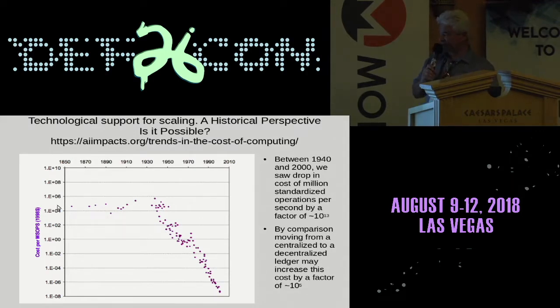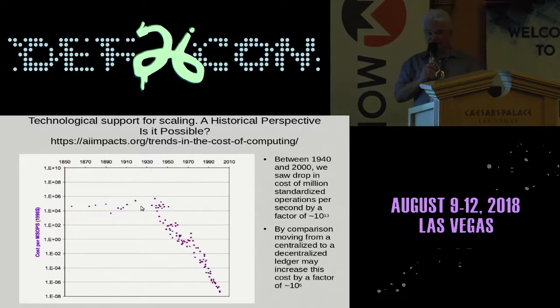This, by the way, is a chart of the cost of 1 million standardized operations per second. So one can think of a standard set of computer operations, and then you price it as a function of time. This is of course a log scale, and one looks at the changes and trends that have occurred in basically the last 160 years.